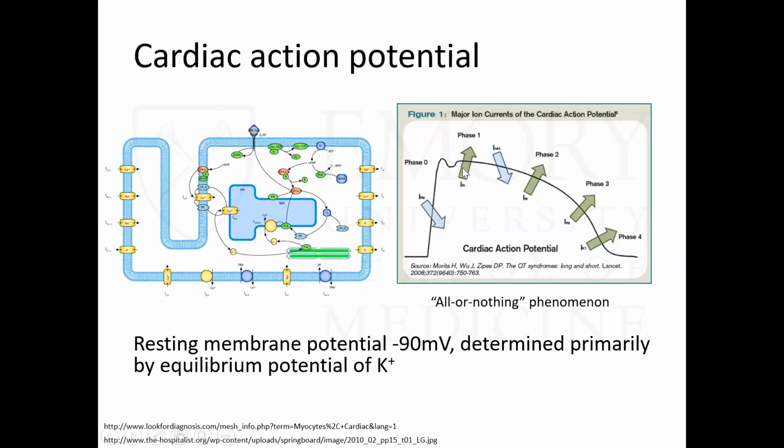Phase 2 is sort of the plateau that is maintained by an influx of sodium and an efflux of calcium. And then phase 3 is repolarization, in which potassium leaves the cell, and that repolarizes you back down to -90. So sodium influx, phase 0, potassium efflux, phase 3.